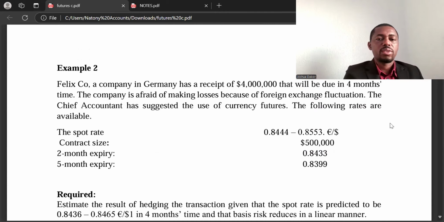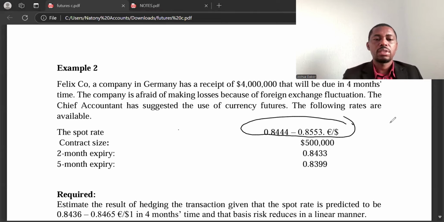Basis. So here, what is the spot rate? These are the spot rates. We have two spot rates here. And the futures for 2 months is this, and the futures for 5 months is this. So this rate will apply for the futures contract, the 5-month rate.